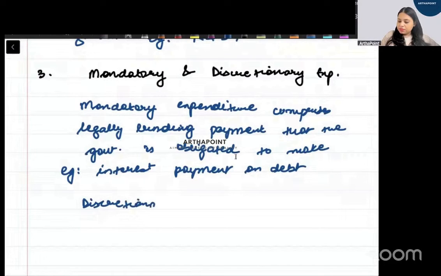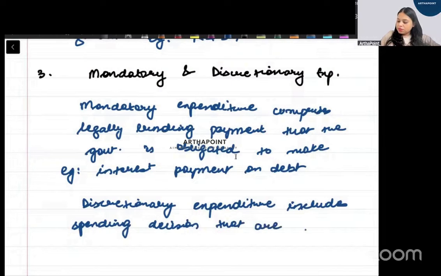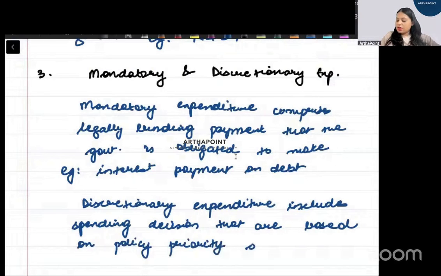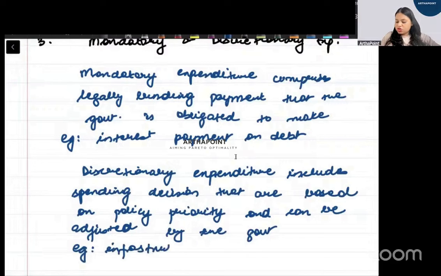Discretionary expenditure includes spending decisions that are based on policy priority and can be adjusted by the government. Example, infrastructure expenditure.